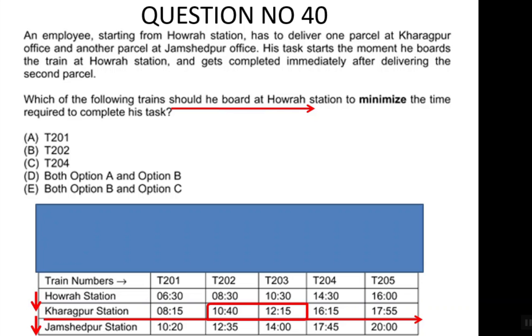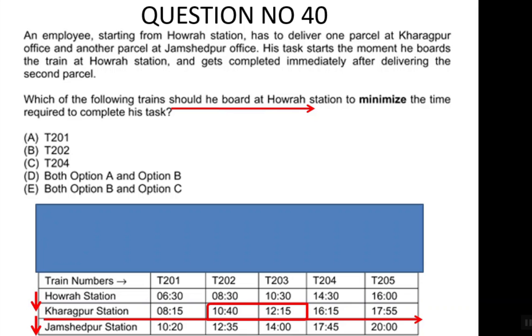And after dropping his parcel, he can come back to that railway station at 12:10. That is after 1.5 hours. So once he reaches there at 12:10, he can board the train at 12:15. So he will be reaching Jamshedpur station at 2 o'clock.